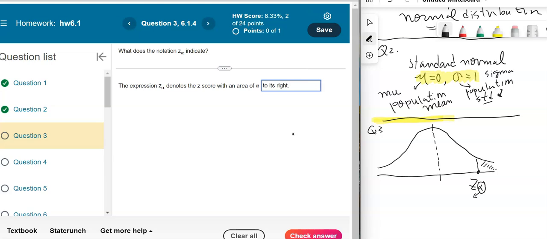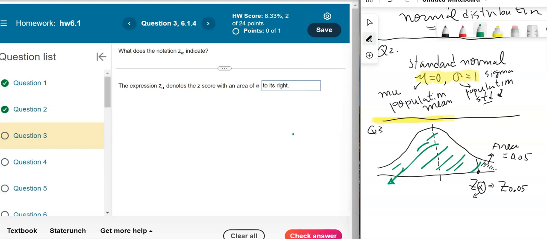So if this is Z.05, this area is 0.05. Entire area is 1. Everything, the entire area under the curve is equal to 1.0.